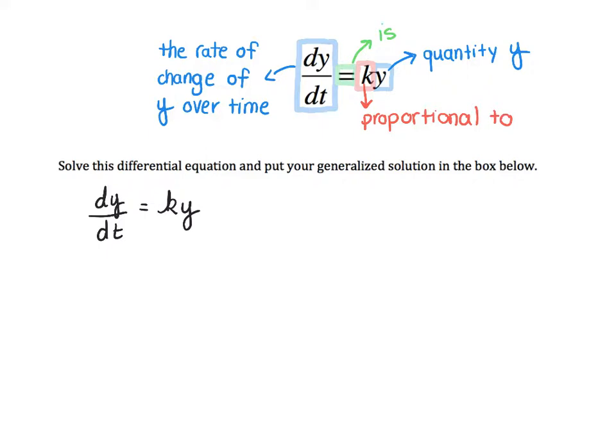Okay, so we've got dy/dt equals k times y. So first things first, let's separate the variables. So this will become dy over y equals k times dt, and then I will integrate both sides.